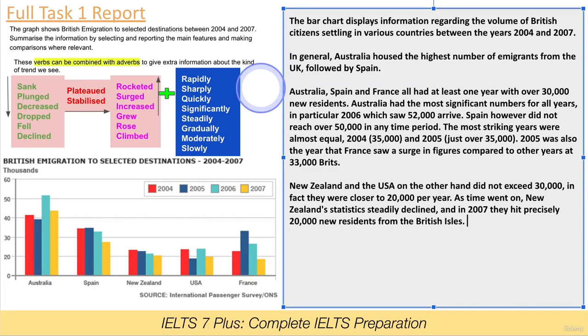Okay, so now let's talk about the USA. So the USA, meanwhile, fluctuated, which means the numbers went up and down.